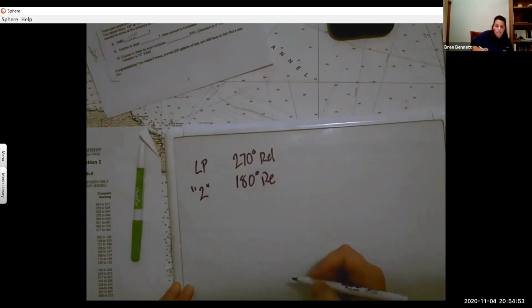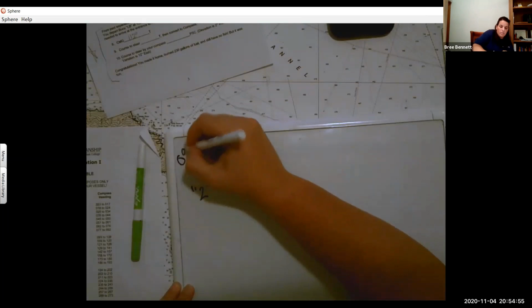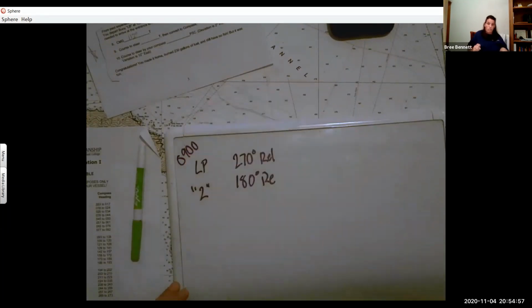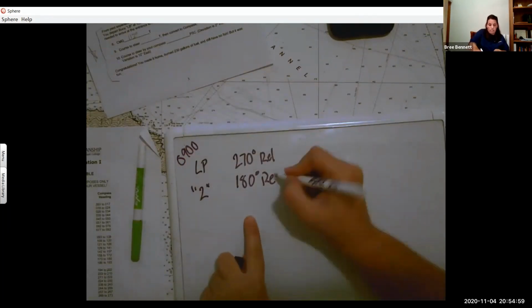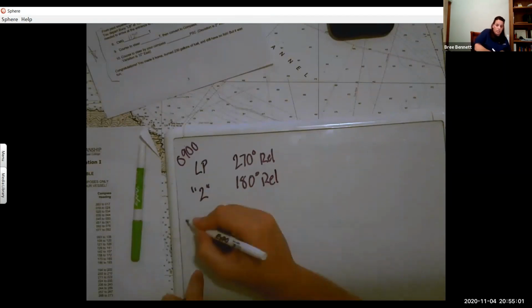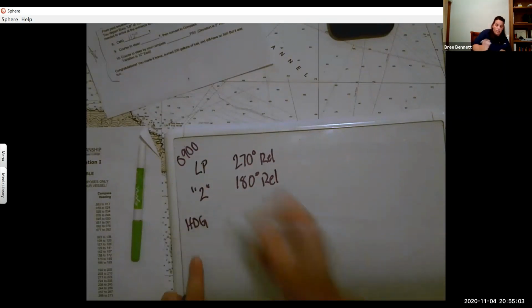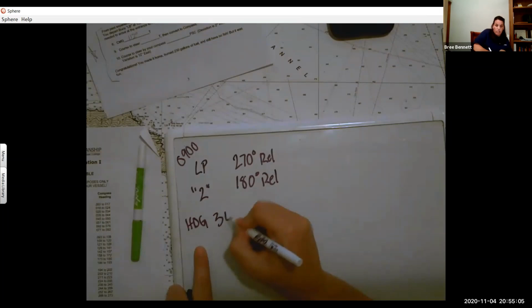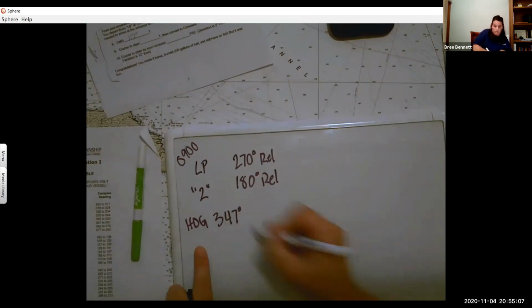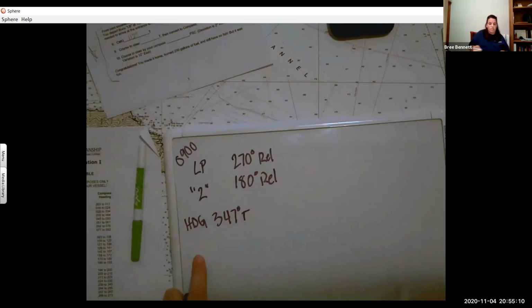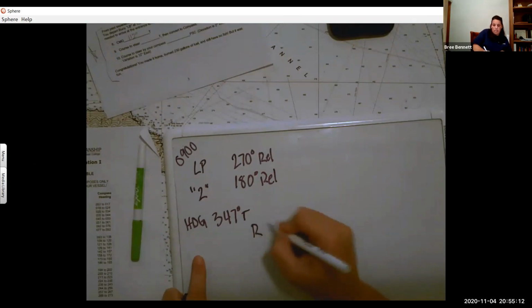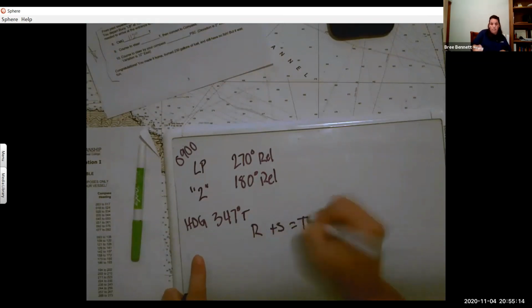What is your position at 0900? So we can convert these to true because we know our heading in true was 347 degrees true. So we can convert those using our R plus S equals T.